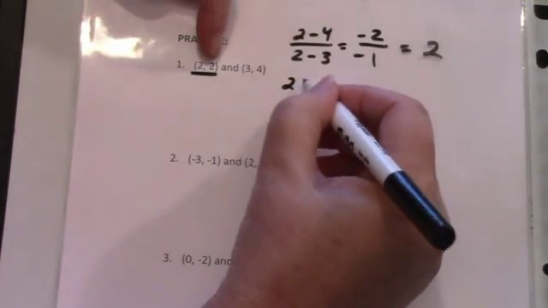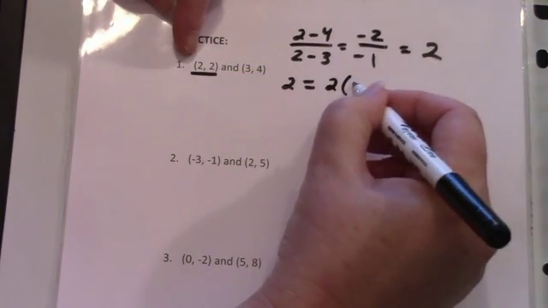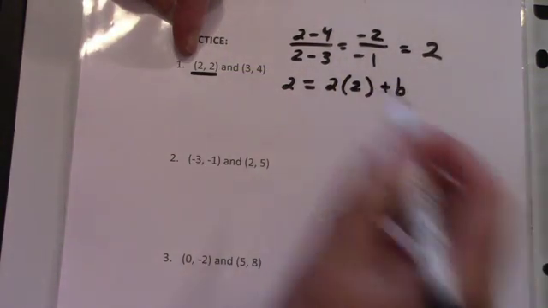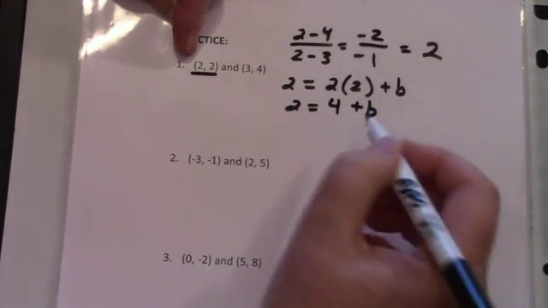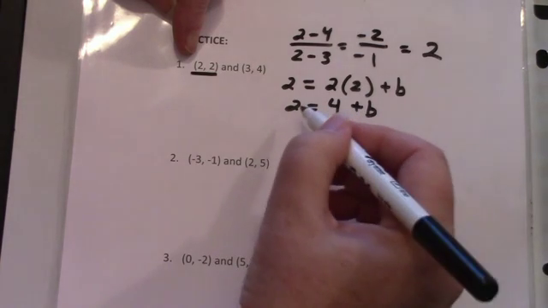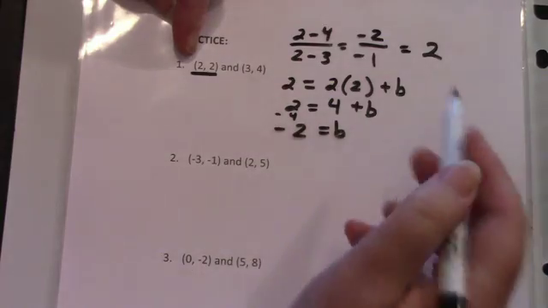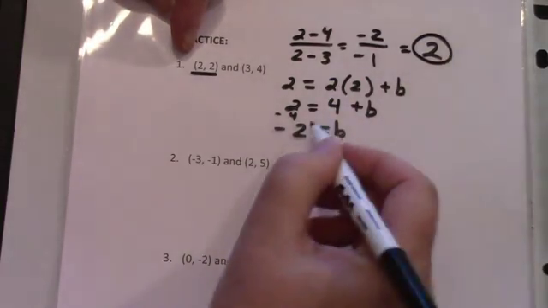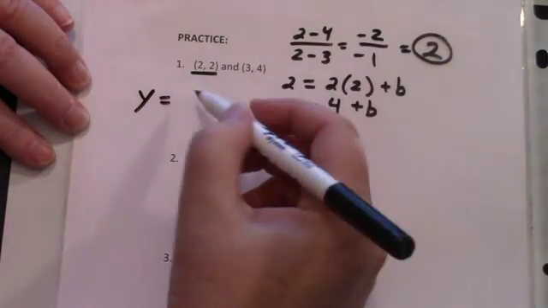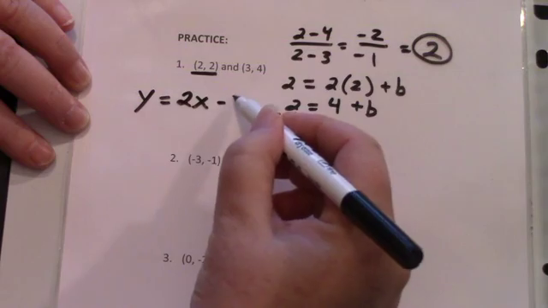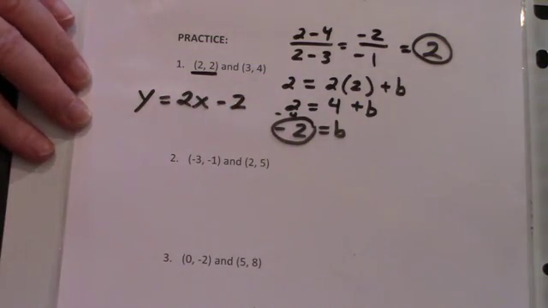Y is 2, our m, our slope, is 2, our x is 2. And now we have to find b. 2 equals 2 times 2, which is 4, plus b. Subtract 4 from both sides. 2 minus 4 is negative 2. Now we have our slope and we have our b. We can write our equation. Y equals 2x minus 2, because b is a negative 2.